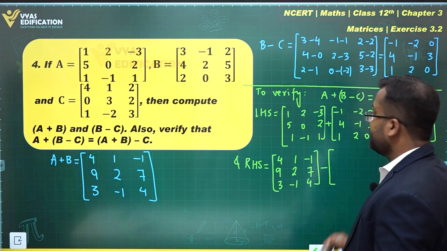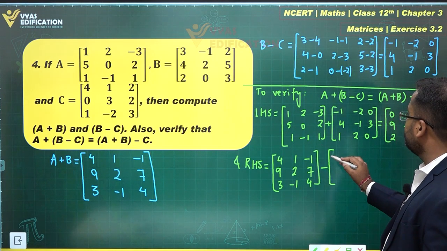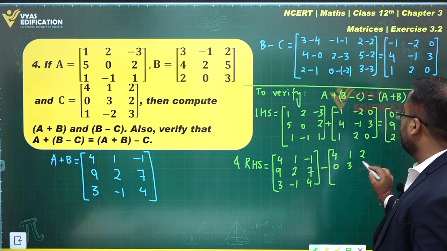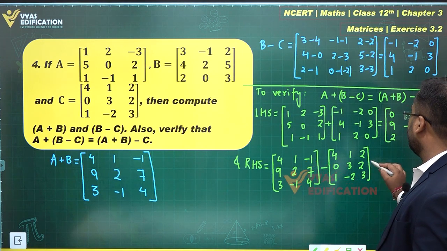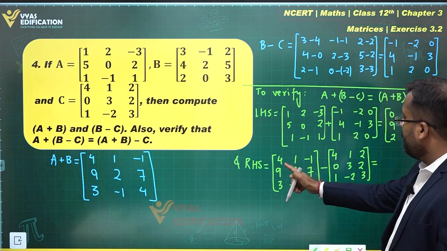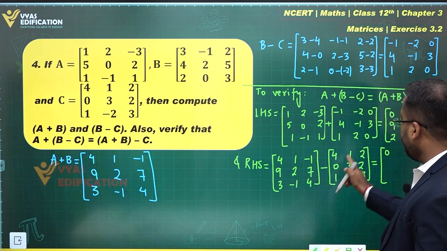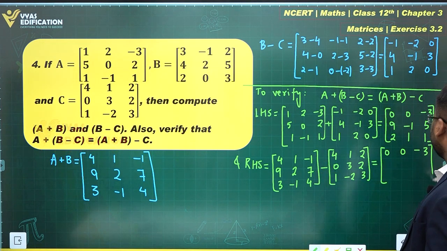Minus C matrix. C is 4, 1, 2; 0, 3, 2; 1, minus 2, 3. And subtract the corresponding elements to get the final result. 4 minus 4 is 0. 1 minus 1 is 0. Minus 1 minus 2 is minus 3.